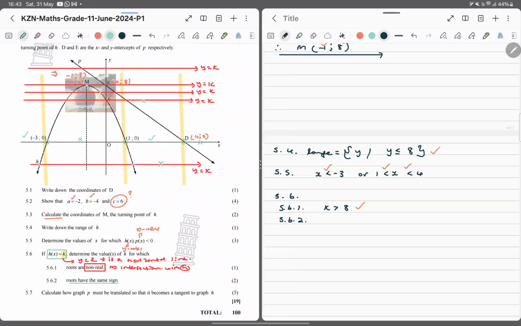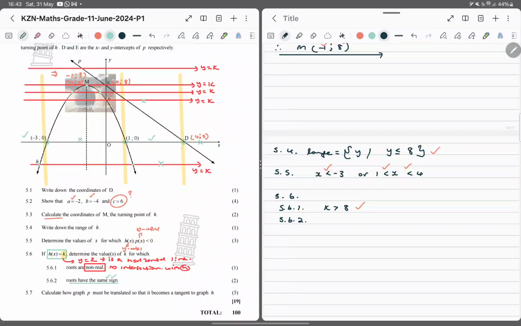But if we look here, this is negative, this is negative. See, the roots have the same sign, meaning there's 2 of them. And again, here, we've got 2 roots that are equal, and they are of the same sign. But when you consider these 2 graphs, that's just 1 root. So we're not going to focus on that.